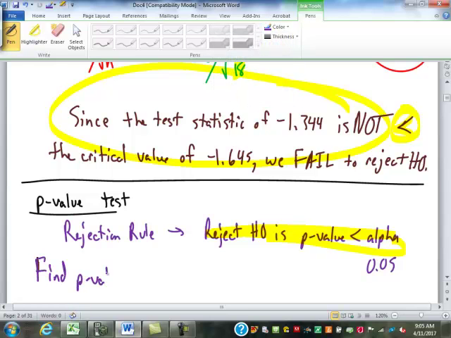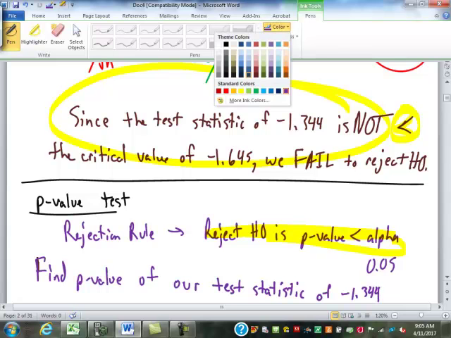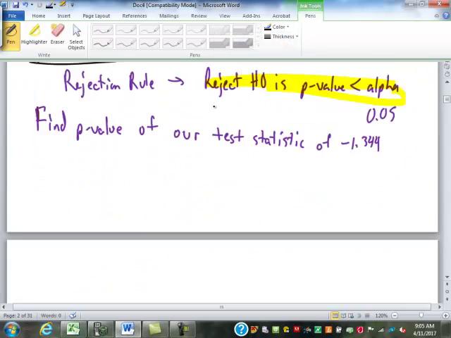Find the p-value of our test statistic of negative 1.344. So once again, we look at that alternative hypothesis.